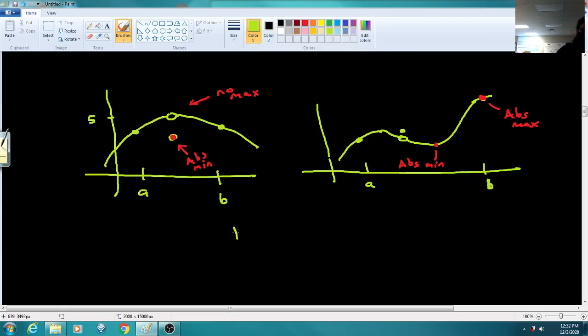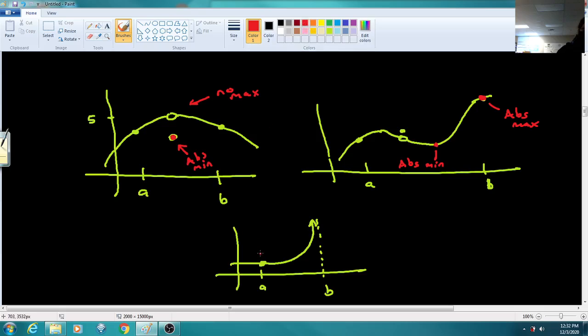Another thing that can happen is if you have an infinite discontinuity. Basically, if you have a vertical asymptote out here at B and your function is running up along B asymptotically, so like A is down here, then it just goes up towards B. You could say, well, A maybe is the minimum value. A is the lowest value on this.